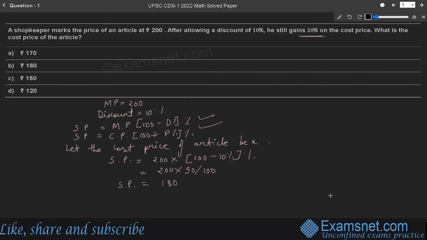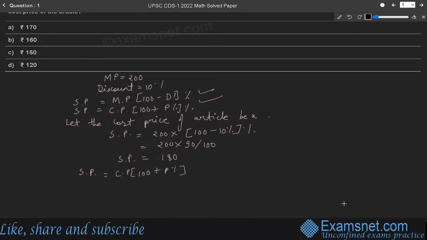Now since we have the selling price we can get the CP. So SP is equal to CP into (100 plus profit percentage). Putting the values here, it will be 180 is equal to CP into (100 plus 20 percent), because we know that gain percent is 20.